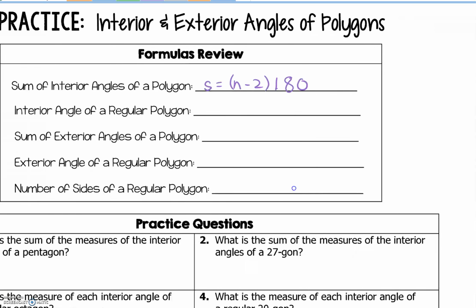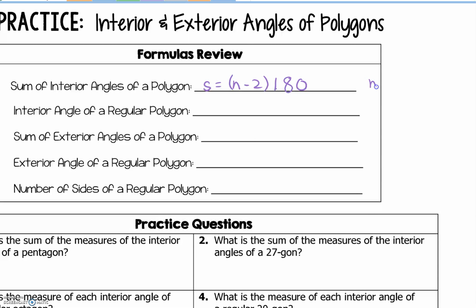So what is n? If you don't recall, n equals the number of sides of a polygon. So for a quadrilateral, which is a four-sided figure, n would equal 4.